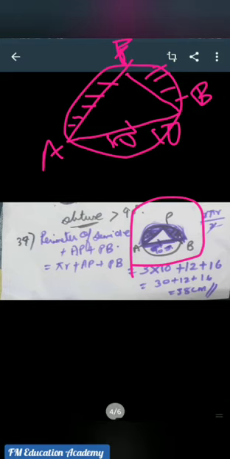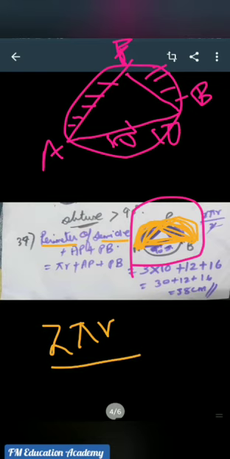The perimeter of the shaded region will be equal to the perimeter of this semicircle plus AP plus PB. Why? Because this region I want and this region I want. We know the perimeter of a circle is 2 pi r, so the perimeter of a semicircle will be 2 pi r by 2, that is pi r, plus AP plus PB.